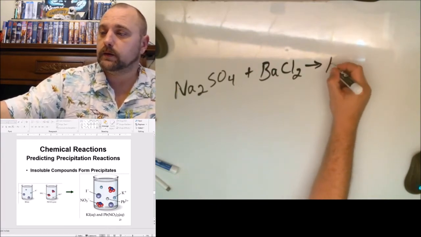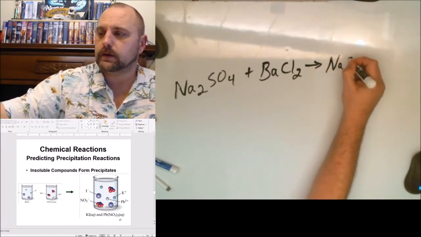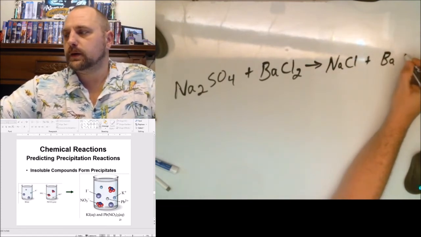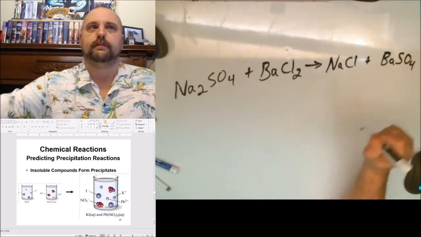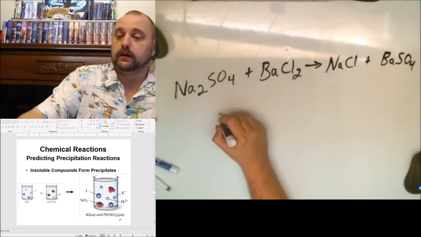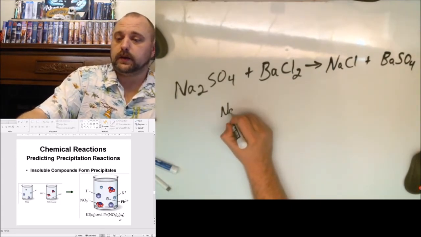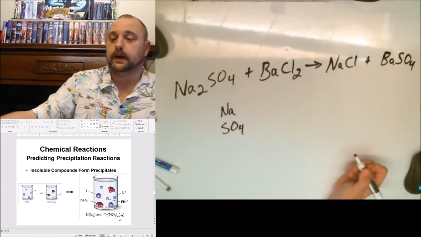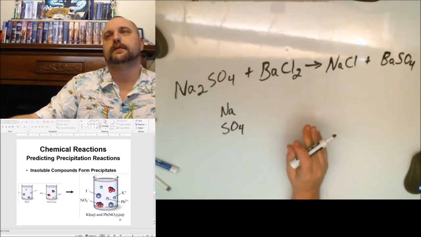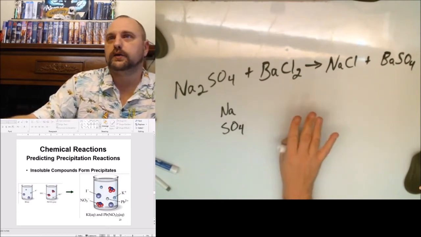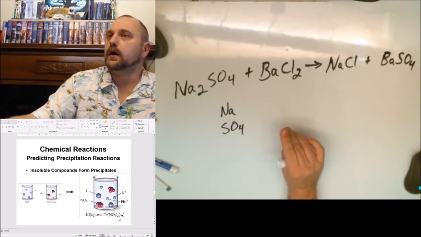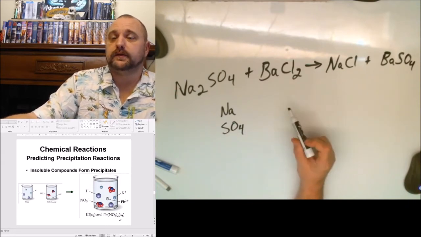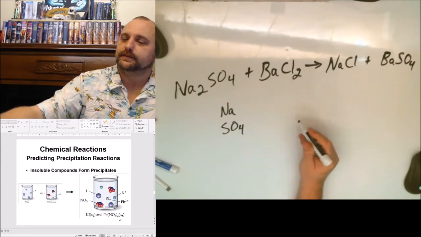So, NaCl plus BaSO4. Let's make a list. Na, I'm going to keep the polyatomic ion together because it's the same on both sides. That's one of our tricks. We had 2 main tricks to speed things up. One is polyatomic ions, keep them together. The second was this idea of least common multiples.